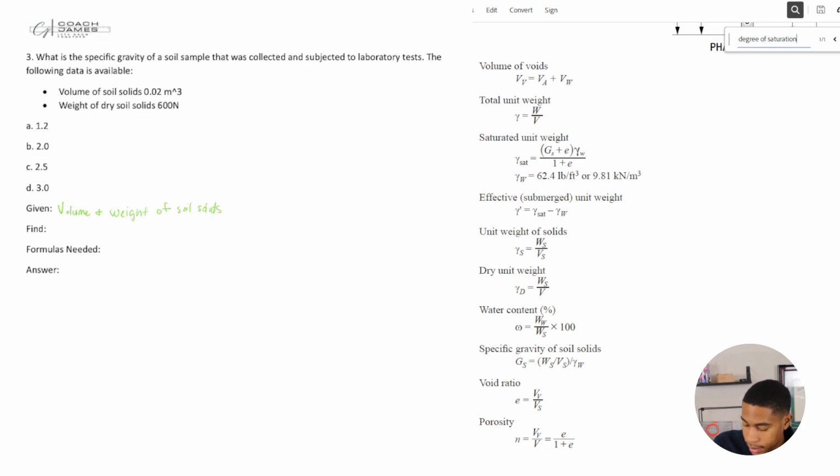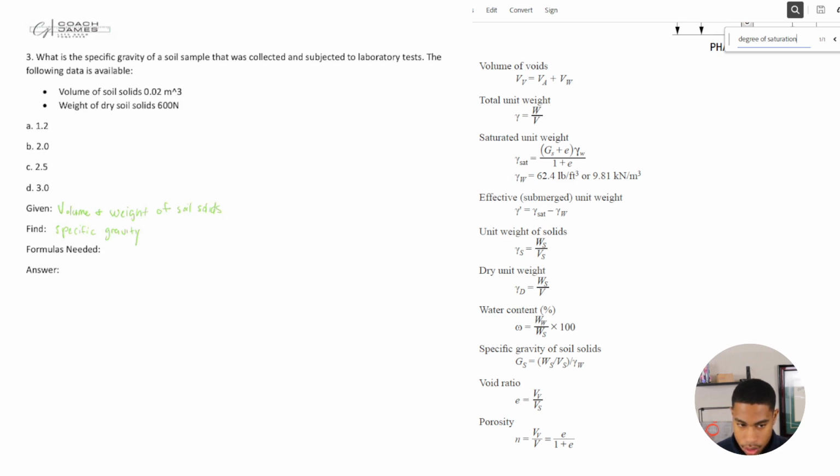And we're looking to find the specific gravity of the soil. All right, so any formulas that we might need? Well, I'm in the right section, I do believe. So specific gravity of soil solids, right? It's here.